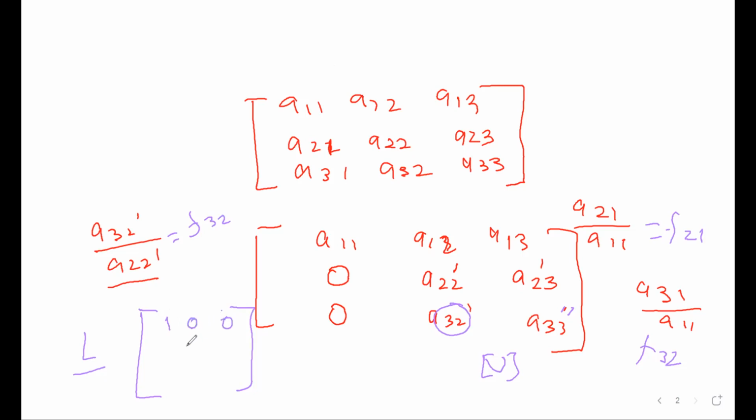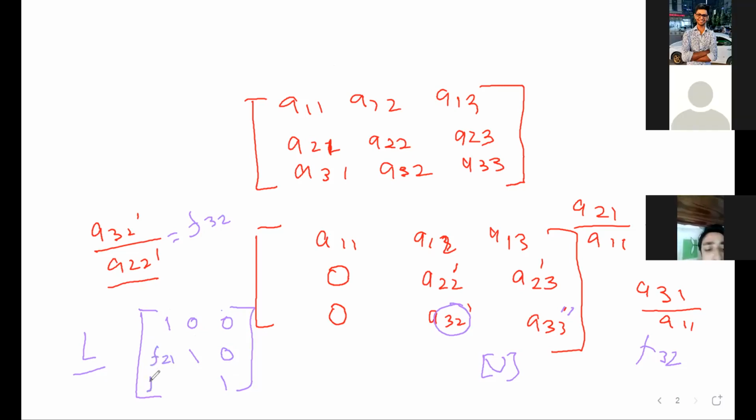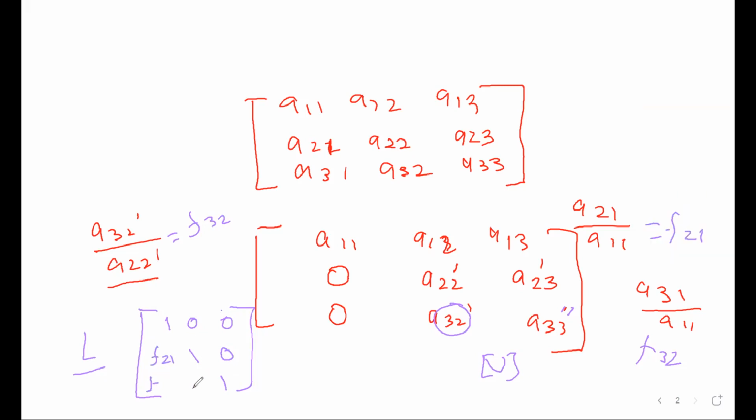The off-diagonal elements on the lower side will be F21, then F31, and this is your F32.